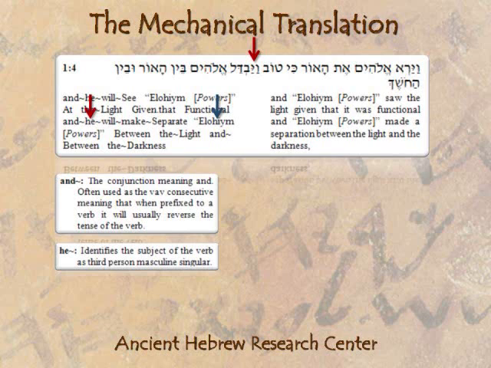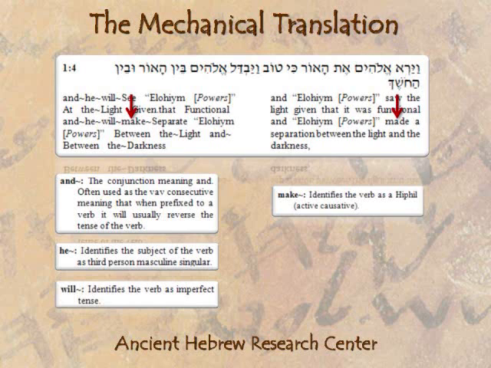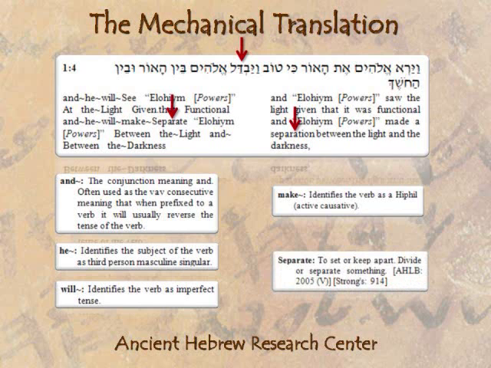Because it's imperfect tense, the mechanical translation uses the word will, but again, it's prefixed by the letter vav, which reverses the tense and makes it perfect tense or past tense. This word is written in what's called the hifel form. The hifel is the causative. The mechanical translation uses the word make to identify hifel verbs. And then we have the word badal, which means to separate.